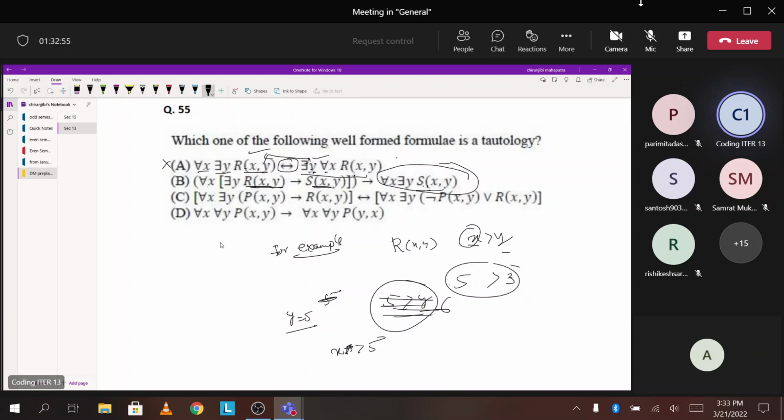That's why it cannot be a tautology. यहाँ पे दो स्टेटमेंट है तो यहाँ पे सिंगल स्टेटमेंट में डिफाइन नहीं कर सकते, so that's why.